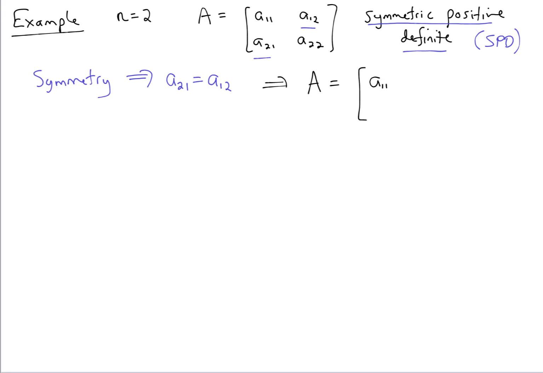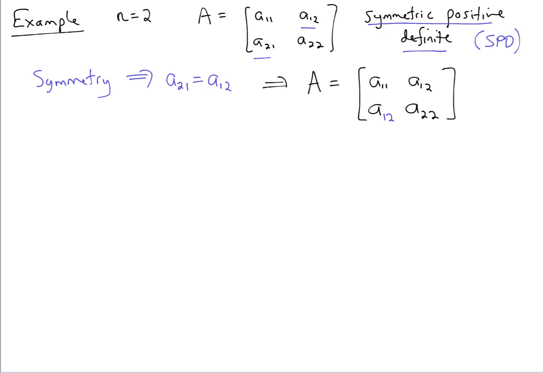So we have A11 and A22 on the diagonal. We have A12 here, but note that we can replace that A21 with A12, explicitly pointing out that these two entries are the same because A is symmetric. So now this A only has at most 3 distinct entries.